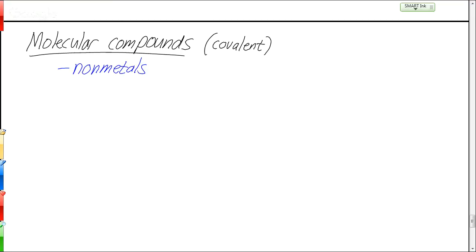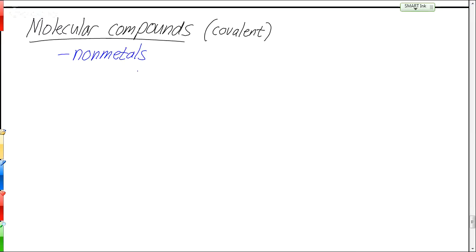Now, when you name these compounds, it's actually pretty easy, and the reason is that there are even more possibilities than with the ionic compounds, so we don't assume anything like charges. Here are some examples.